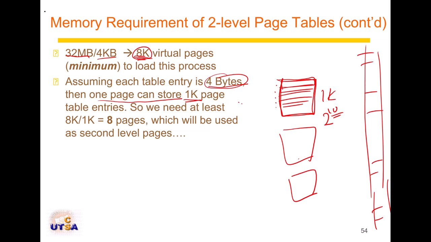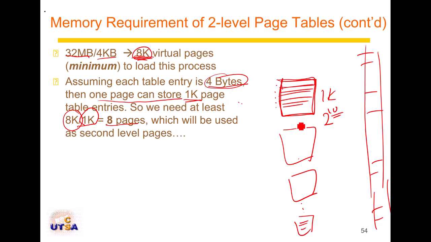That's clear because I have that many pages and each one needs an entry. And if I divide it by 1K, which is the number of entries in a page, you will figure out that the 8 pages, if I just allocate 1, 2, 3, total 8 pages, all these 8 pages together will contain enough entries to address every one of these pages. I don't need any more pages.